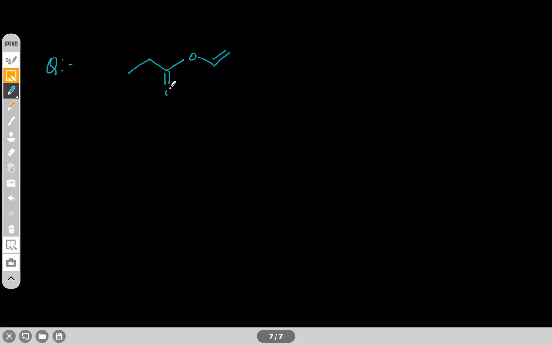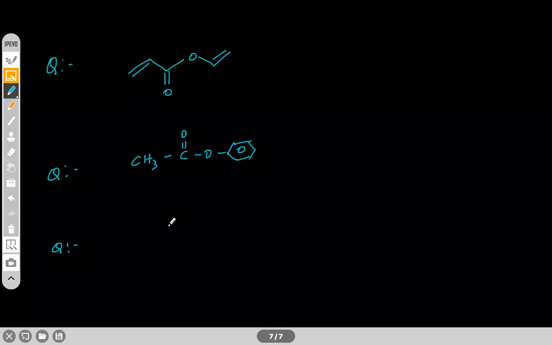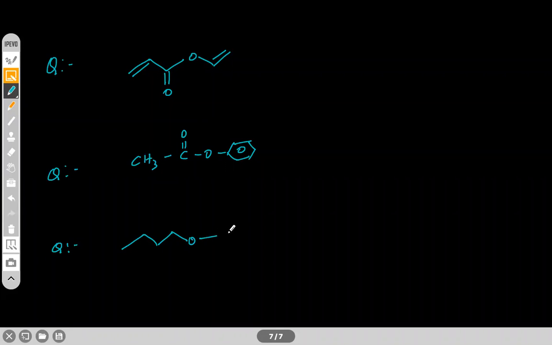This one you try. Write down the name of these compounds.